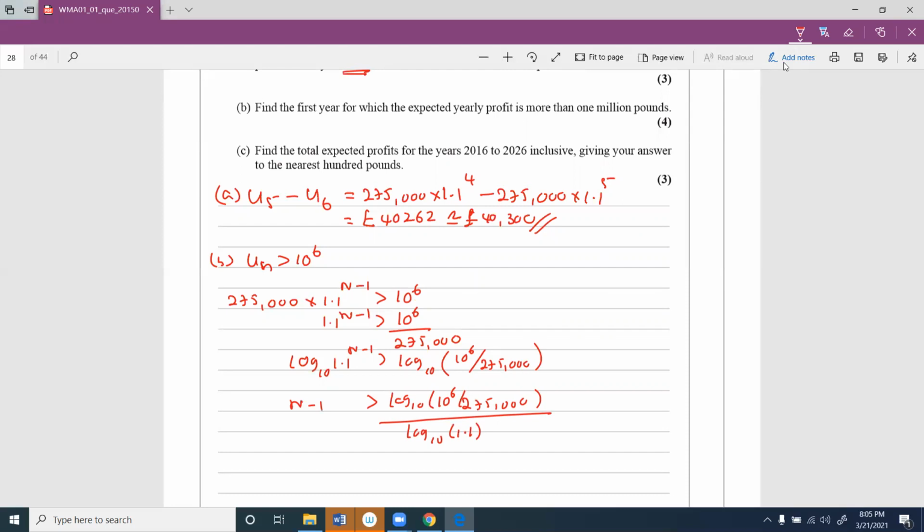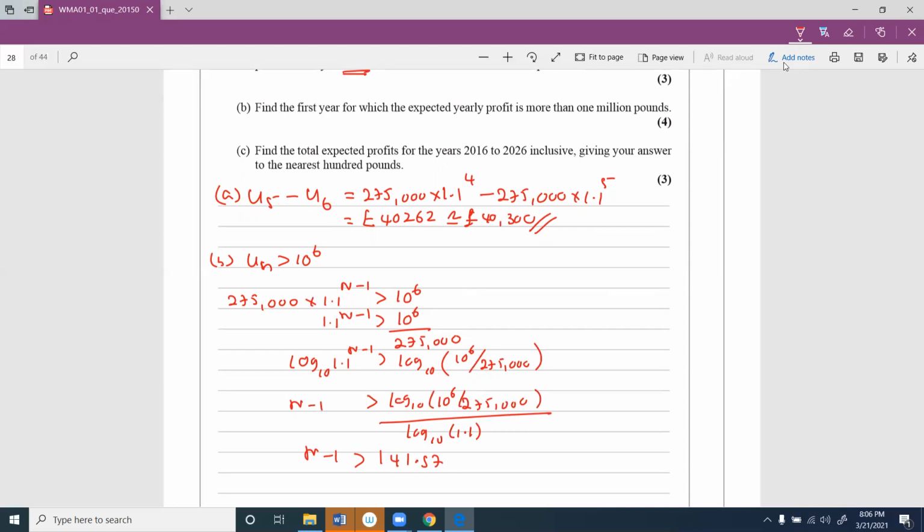Right. So you can write log of 10 to the power 6 divided by 275,000, divided by log 1.1. It's turned up to 141.57. 141, it's too large.